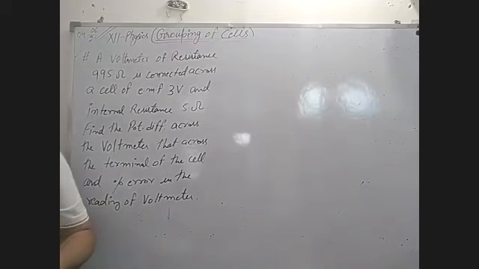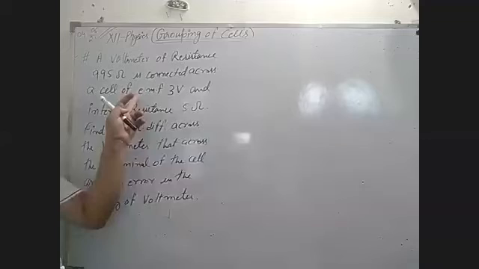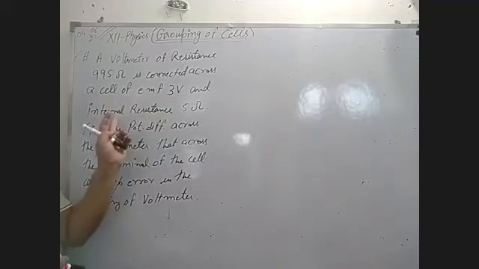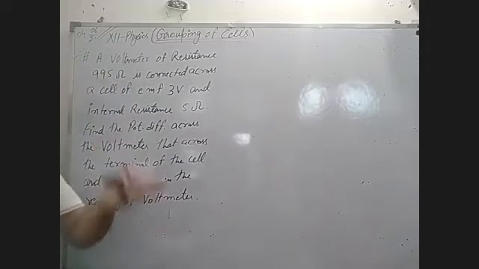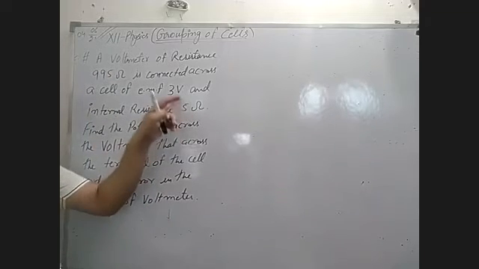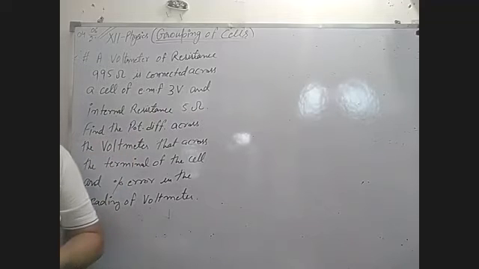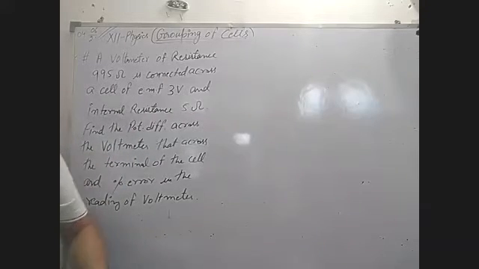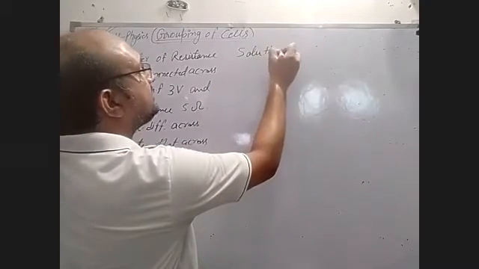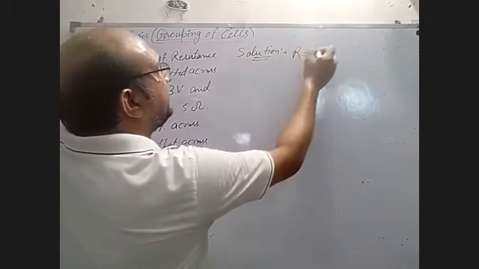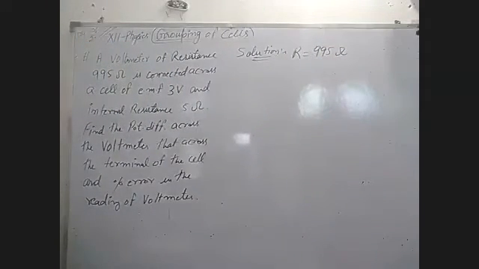Now, a voltmeter of resistance 995 ohm is connected across a cell of EMF 3 volt, and internal resistance is given 5 ohm. This one is external resistance. This one is internal resistance of the 3 volt battery. Find the potential difference, means V value you have to calculate here. Now write down all the given values. Capital R value is 995 ohm.